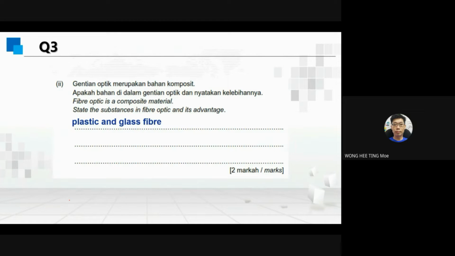Plastic and glass fiber. And the advantage of this fiber optic: it is flexible, it has high compression strength. Flexible, or any suitable answer is accepted also. You can refer to the textbook or reference.